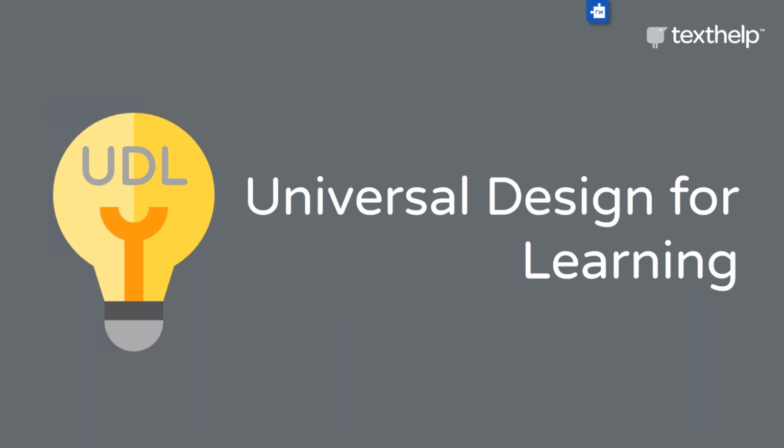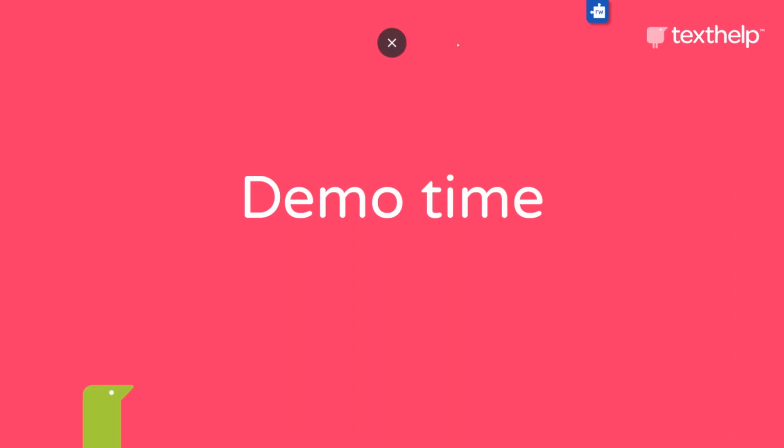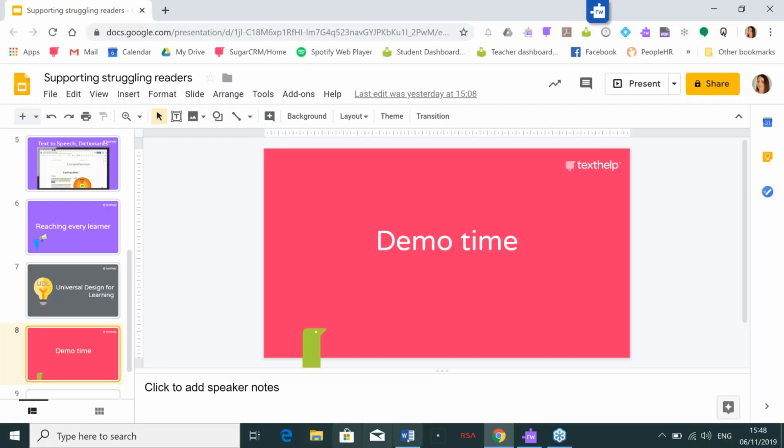We want to help all students achieve their potential by designing lessons that are flexible, can reach everyone, and be customised. So hopefully today I'll show you a little bit of how Read&Write can help to do this for both you as teachers and for your struggling readers. So we're just going to move straight away into our demo for today.